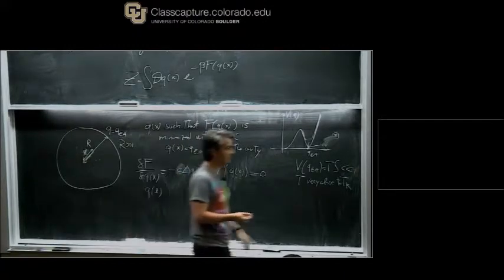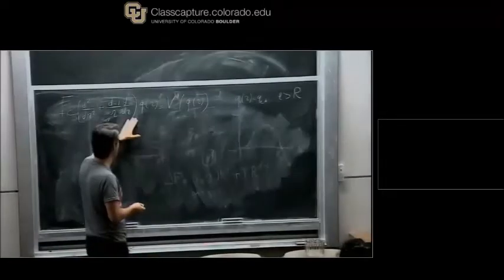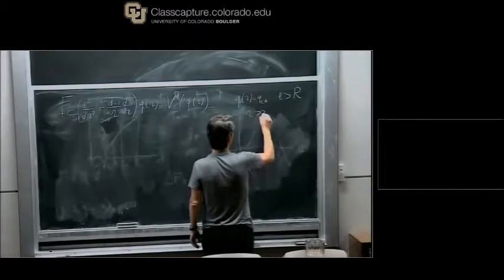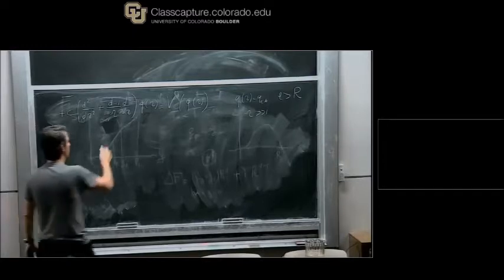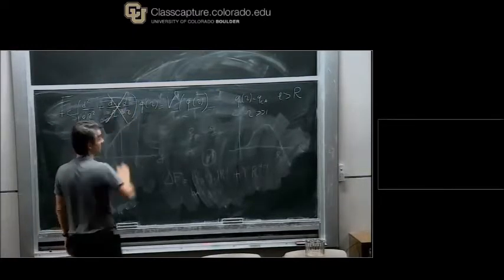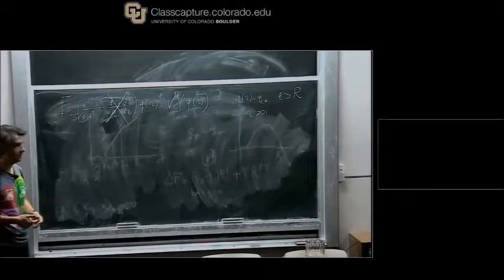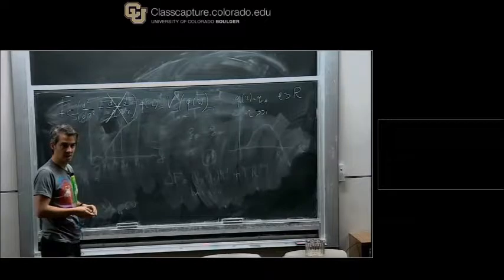So the regime in which I have to study this equation is r much larger than 1. And if r is much larger than 1, I can forget about this term. I could do it with this term also, but the discussion would be a little more complicated, so I won't do it.